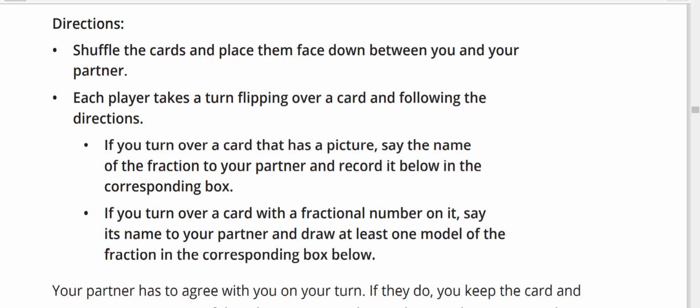If you turn over a card with a fractional number on it, say its name to your partner and draw at least one model of the fraction in the corresponding box below.